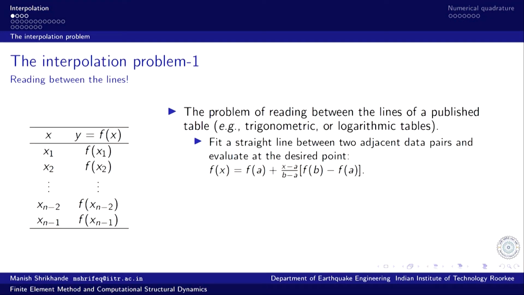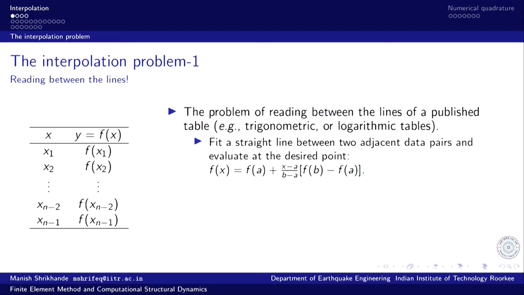So, the standard process that comes almost without a second thought is that we fit a straight line. If we know the values at 2 points, we can fit a unique straight line, and then once we fit a straight line through these 2 points, we can evaluate the function y at any value of x between x1 and x2.